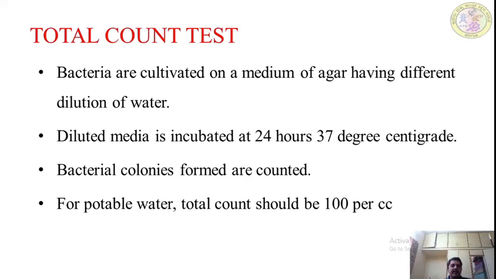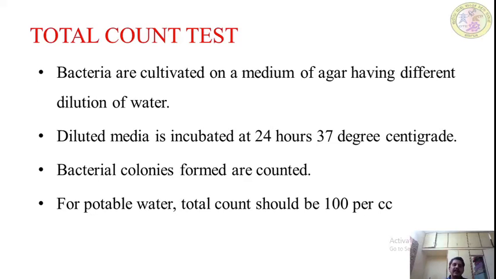That is, a set containing 10 ml of the sample, a set containing 1 ml of the sample, and a set containing 100 ml of the sample. Like this, different sets of the samples are taken.